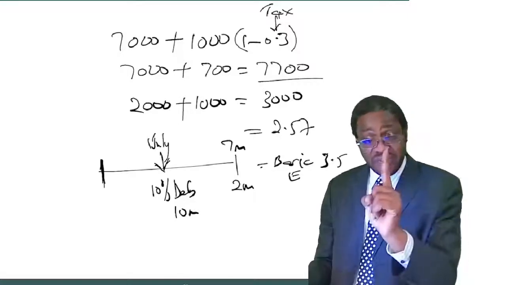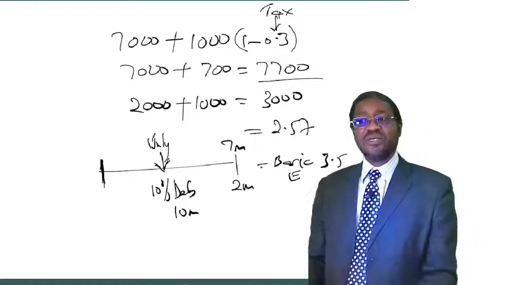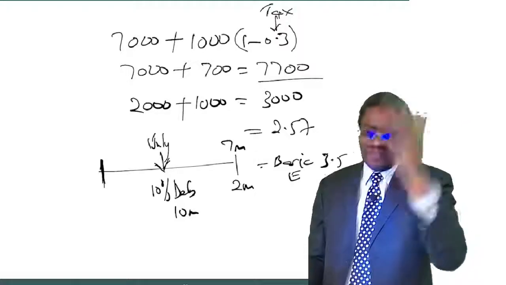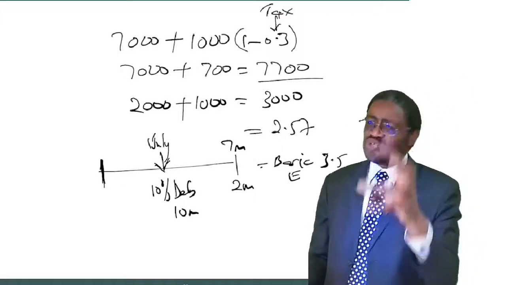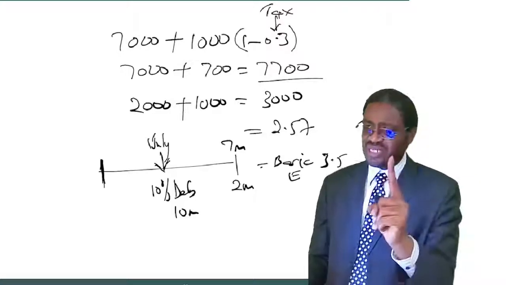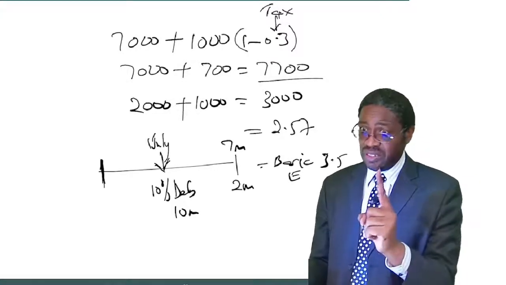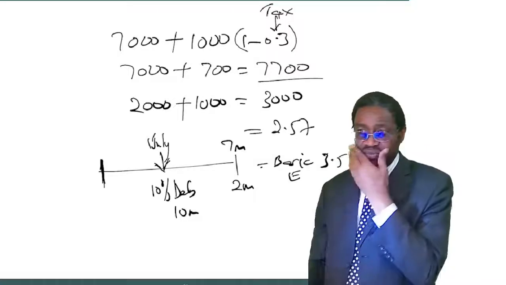So in your income statement, it is obvious you must have only charged interest for 6 months, from July to December.